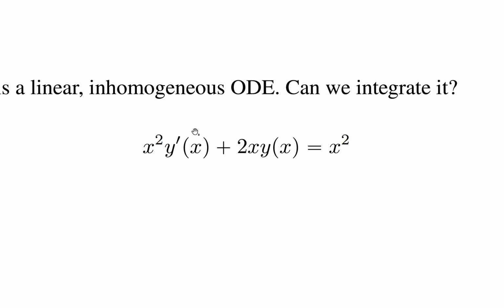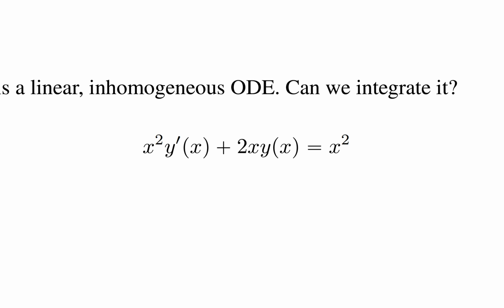So look at this ODE. We have the left hand side and the right hand side. Now note that on the left hand side we have x squared multiplying y prime, and we have 2x multiplying y.